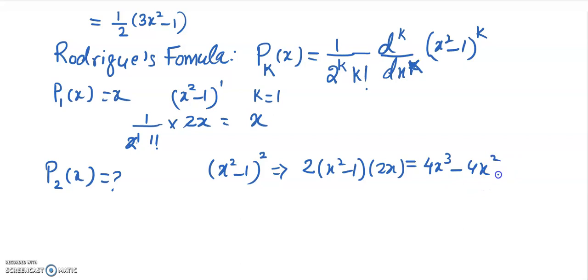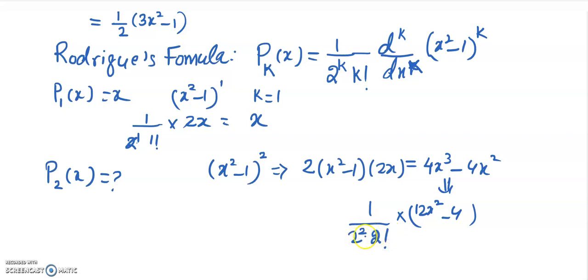Then we take the derivative again, the second time. It will be 12x squared minus 4. Now this has to be multiplied by 1 over 2 to the power k times k factorial, so it is 2 factorial.